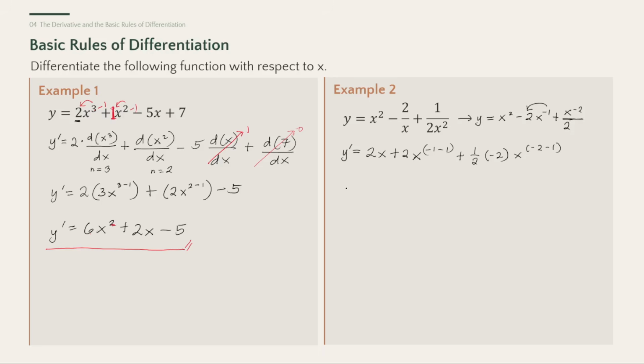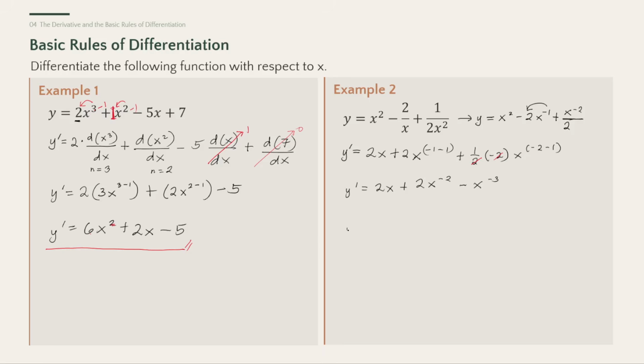Okay? Therefore, y prime is 2x plus 2x raised to negative 2, plus, sorry, this one should be negative because negative times positive here is negative. 2 will cancel out. Then we only have minus x raised to negative 3.